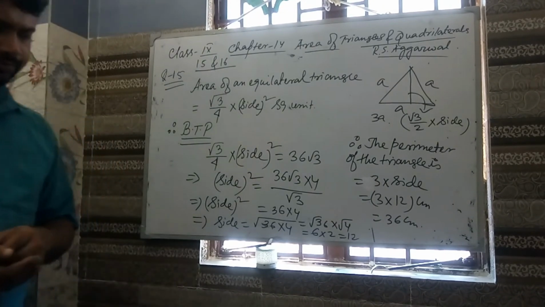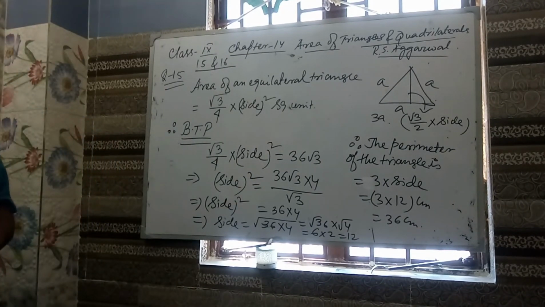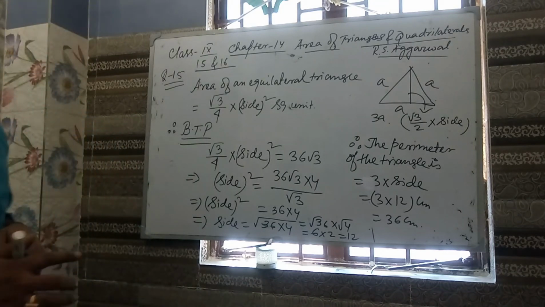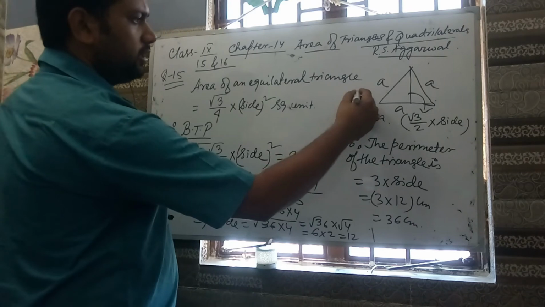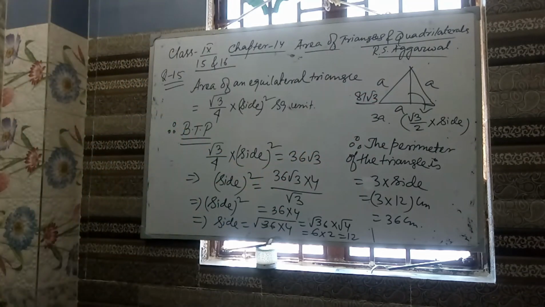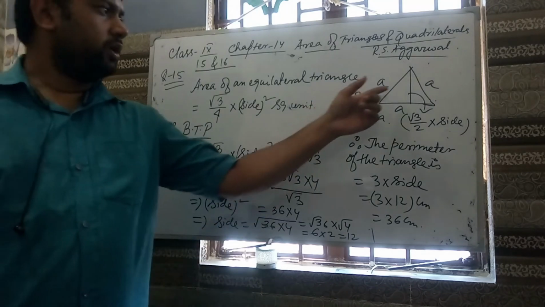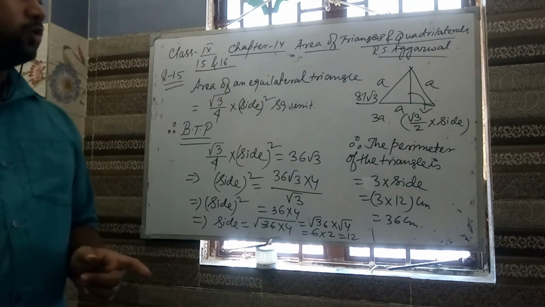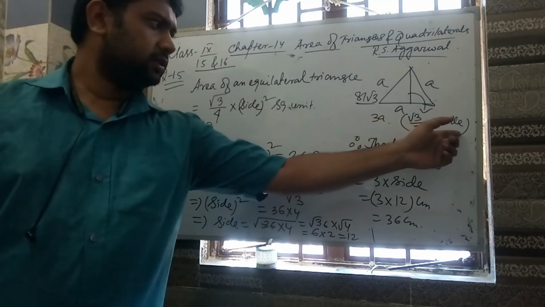I am repeating. Here in question number 16, the area of an equilateral triangle is given as 81 root 3 square centimeter. We have to find out its height.